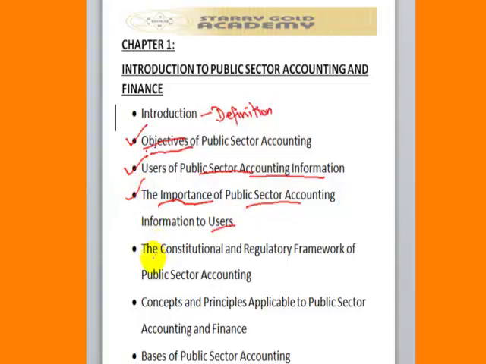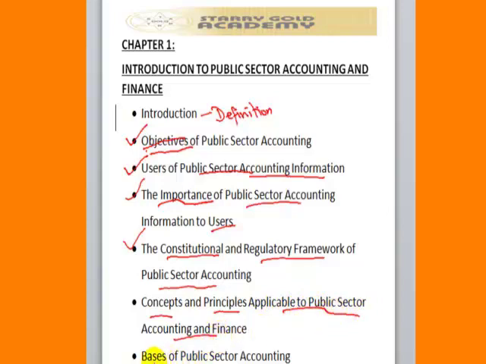Also after this, we are going to look at the constitutional and regulatory framework of public sector accounting. We are going to look at some concepts and principles applicable to public sector accounting and finance.